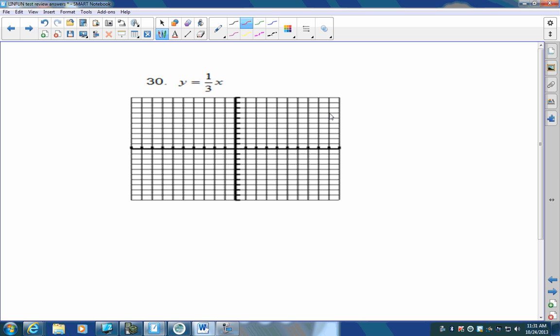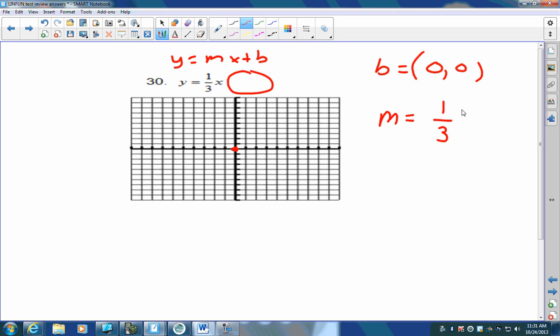Number 30, y equals mx plus b. B, there's nothing written here, so what number is that? 0. If there's no number there, it's 0. M is my slope. That is 1/3. It's positive, so I go up. My bottom number is always to the right.